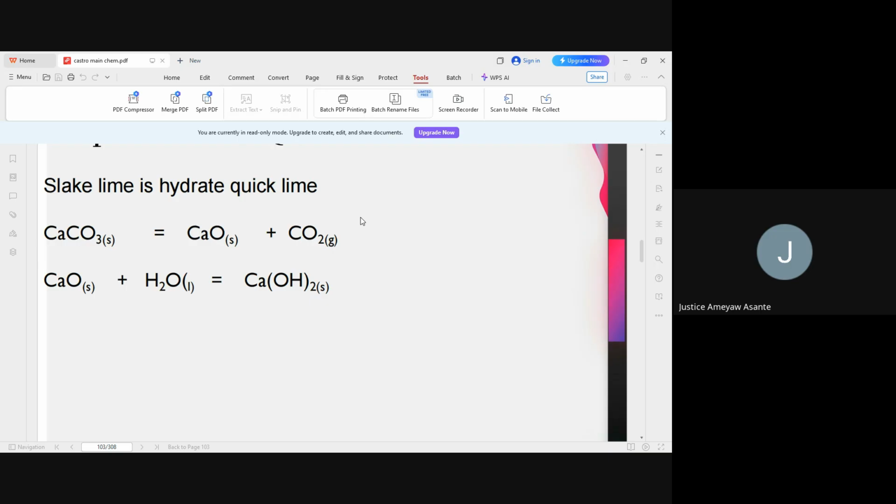But actually, the quicklime, when you go to the shop, you see some people initially were using it to paint their houses, the first coat. You go to the paint shops and buy this in the form of solid marbles.